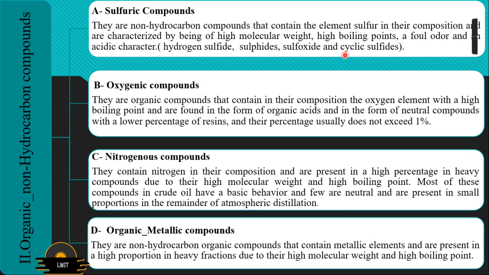These compounds are distributed throughout crude oil, and their percentage increases in the heavy fraction. We can also find sulfur in free dissolved form in crude oil. There are various compounds like hydrogen sulfide, sulfides, sulfoxides, and cyclic sulfides.